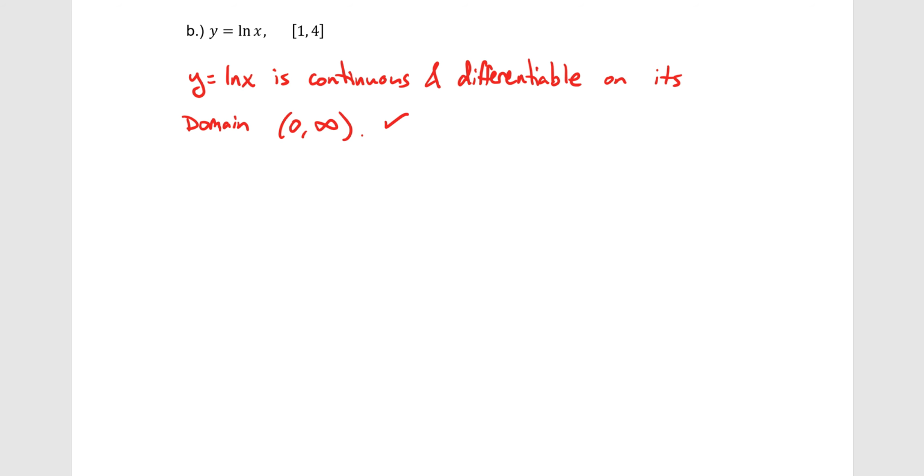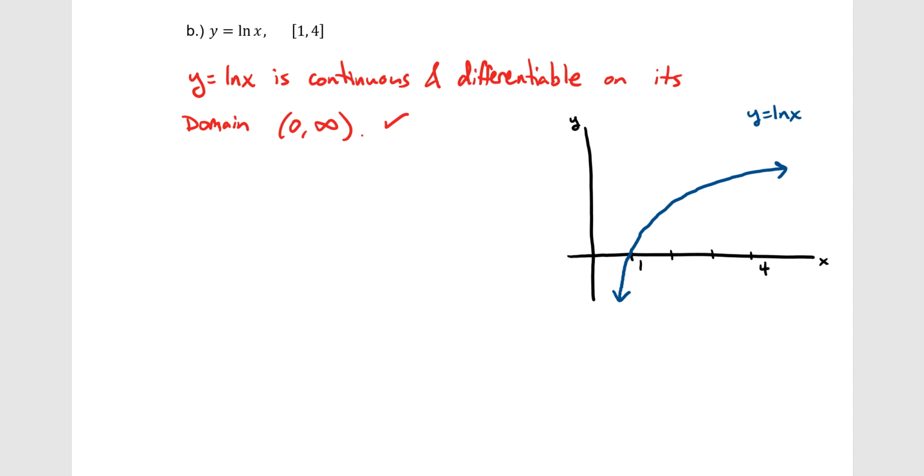Let's go ahead and actually just graph this out too so we can see the graph. So y equals ln of x looks something like this, where it crosses the x-axis at 1, and then there's a vertical asymptote at x equals 0, which is the y-axis.